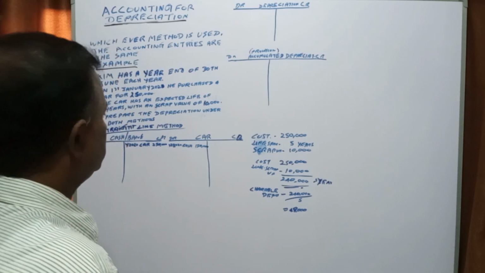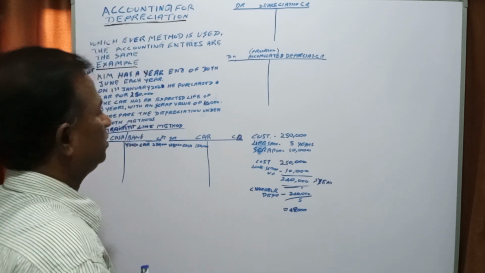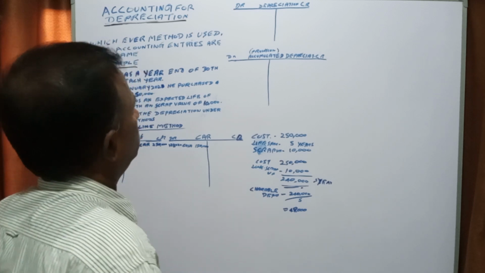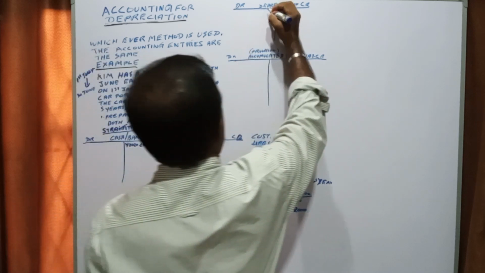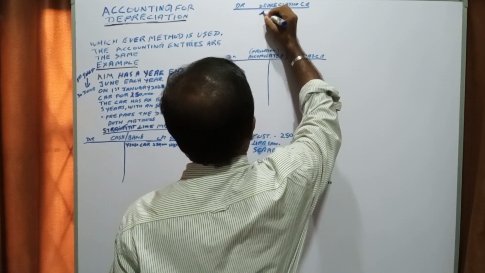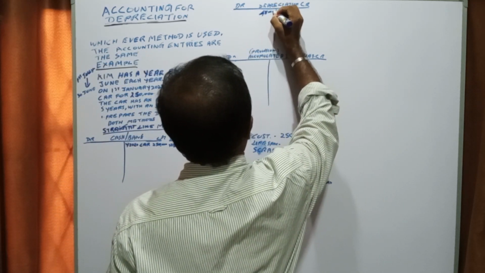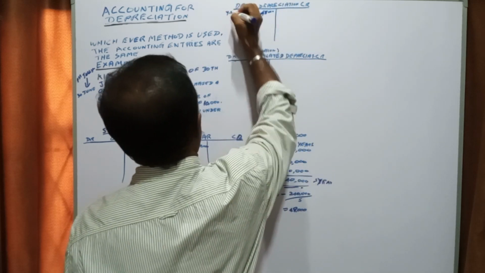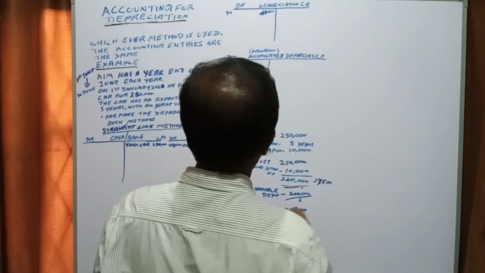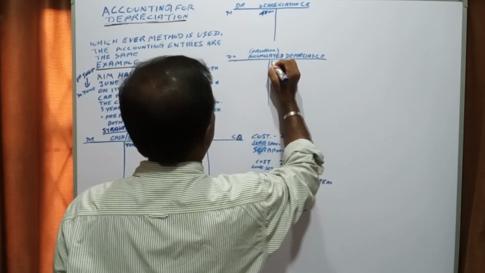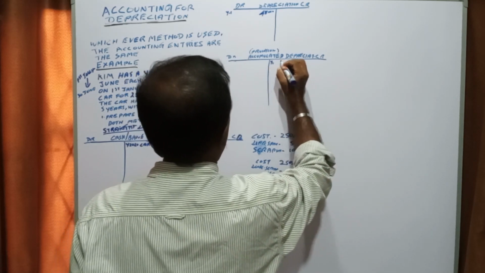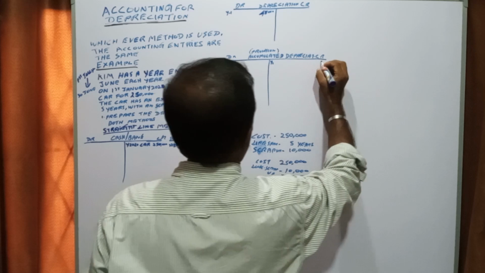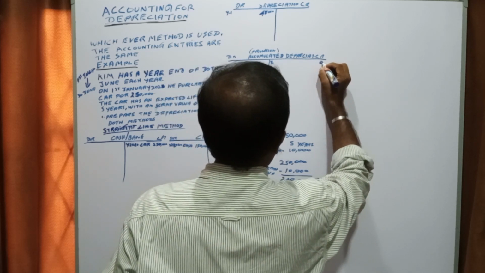First year depreciation is 48,000. So depreciation account debit 48,000 in year 1. Accumulated depreciation account credit year 1, 48,000.